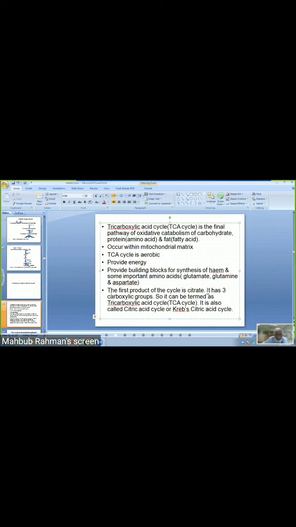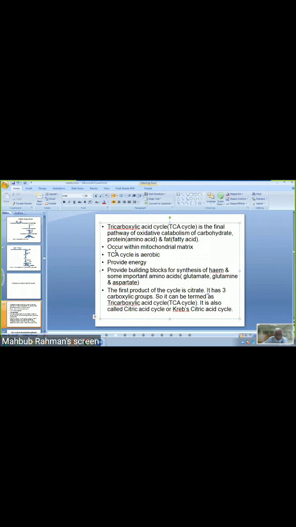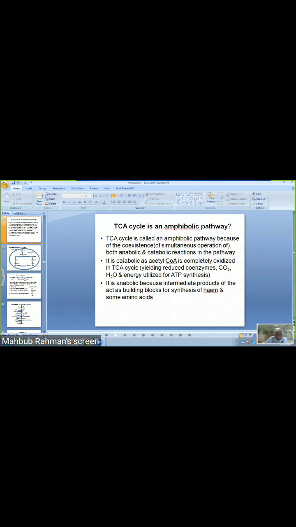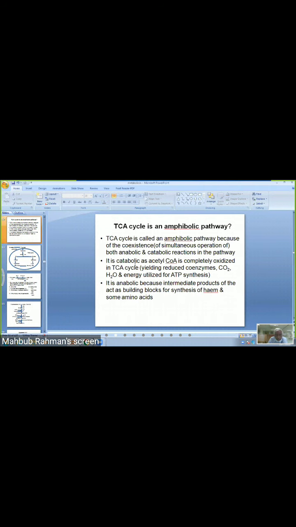The TCA cycle is called an amphibolic pathway because of the simultaneous operation of both anabolic and catabolic reactions in the pathway. The catabolic reaction is that acetyl-CoA is completely oxidized in the TCA cycle, yielding carbon dioxide, water, and energy.